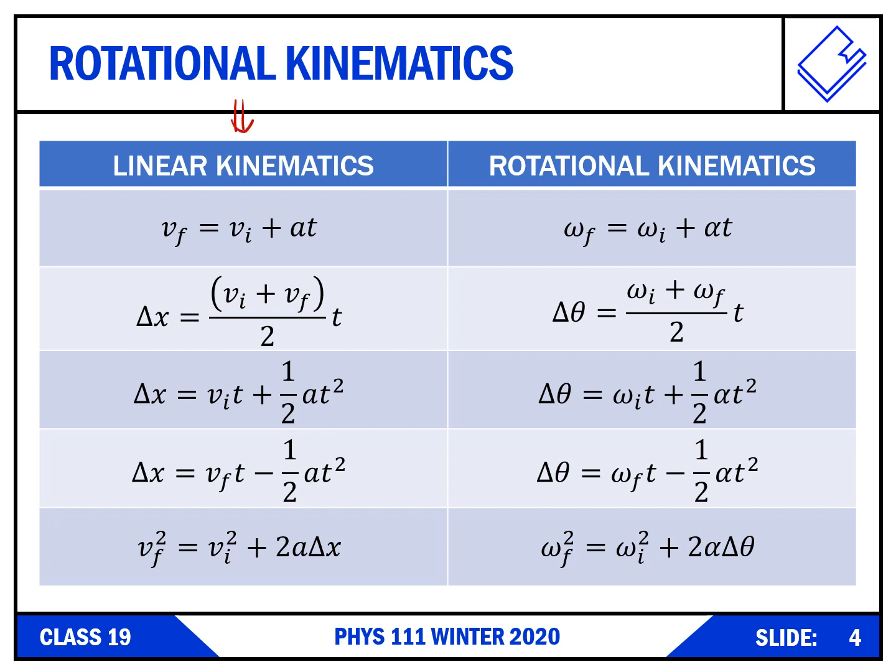So just remember, we use x for displacement, and in the rotational world, x now becomes theta for the angular displacement. Velocity v now becomes omega for angular velocity, and acceleration a becomes alpha for angular acceleration.